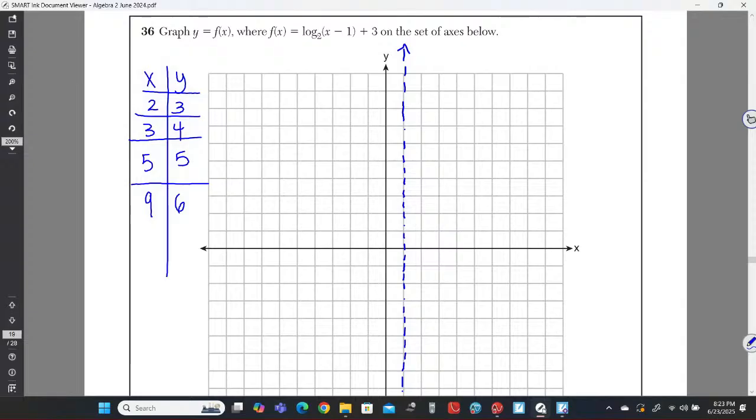When x is 2, y is 3. When x is 3, y is 4. When x is 5, y is 5, and when x is 9, y is 6, and so the graph looks something like that.